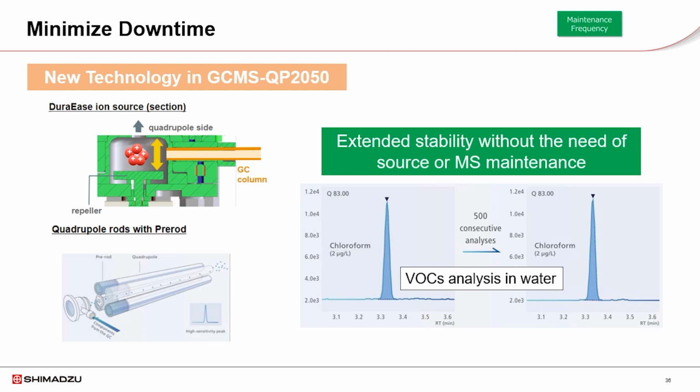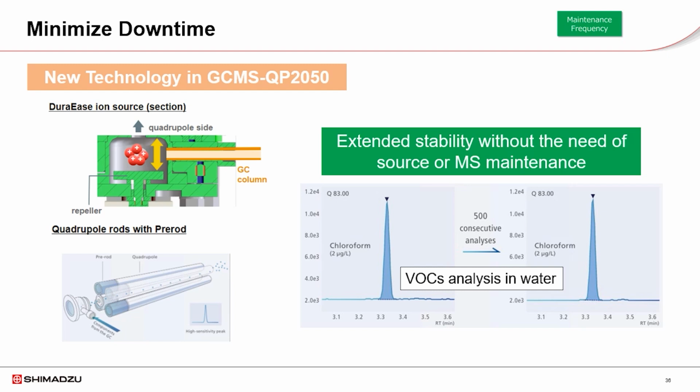This combination extends stability without the need for source or MS maintenance. For example, we injected 500 consecutive water analyses for VOC, and even the absolute intensity is very consistent, and the repeatability is also pretty good.